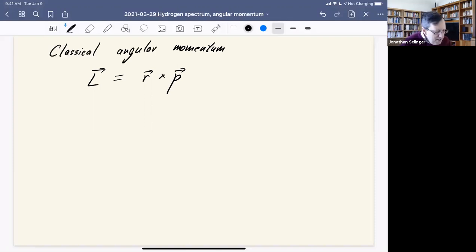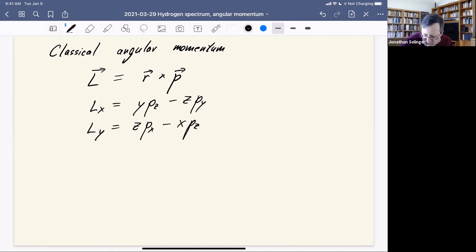So you know that it's really three equations in one, right? This means that Lx is y pz minus z py. And Ly is z px minus x pz.